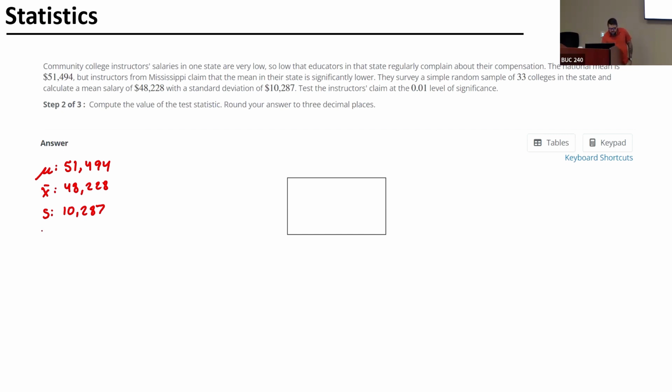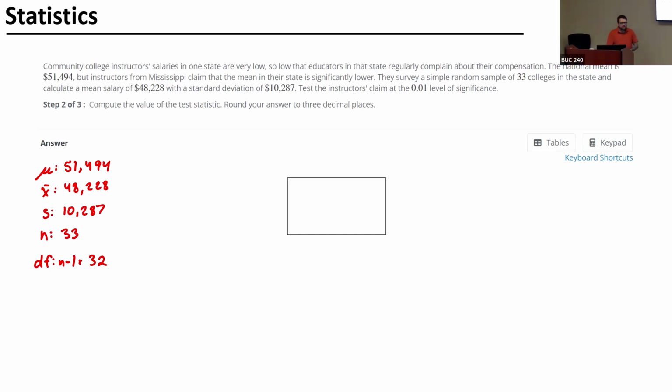They did take a number of samples. Number of samples is 33. Notice that is plenty of samples. That's above 30, so they don't have to say the word normally distributed anywhere, so everything's good there. It is always good to know your degrees of freedom, because you're going to need that if you're going to be drawing this, and so your degrees of freedom are always n-1, and that's going to give you a 32.